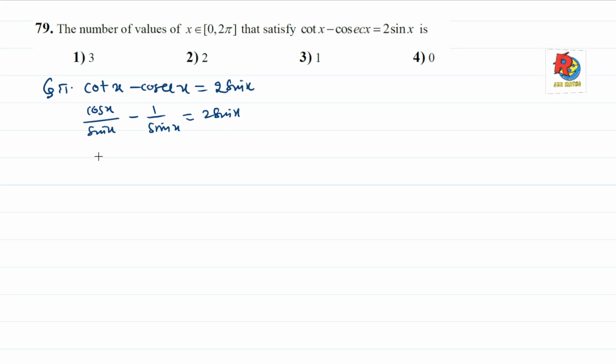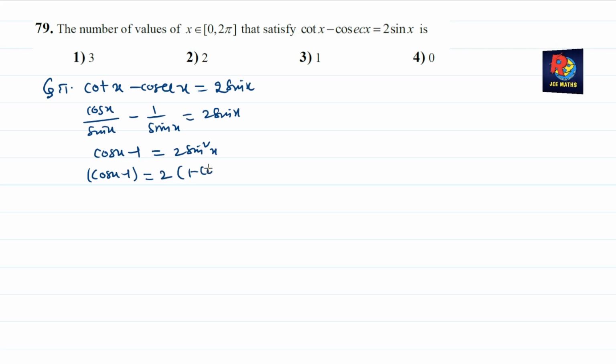Now if I take an LCM, cos x minus 1 by sin x, if I cross multiply this one, 2 sin square x. Now here also cos x minus 1 is equals to 2 into 1 minus cos square x.